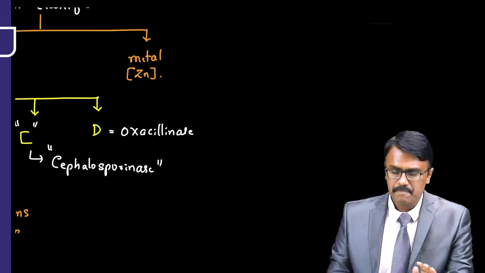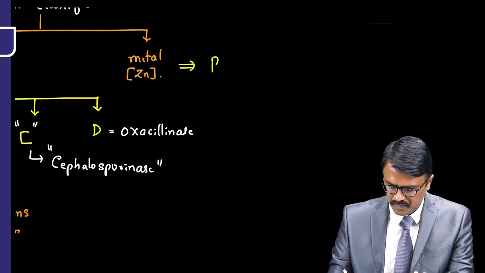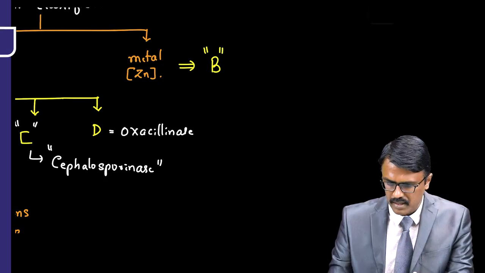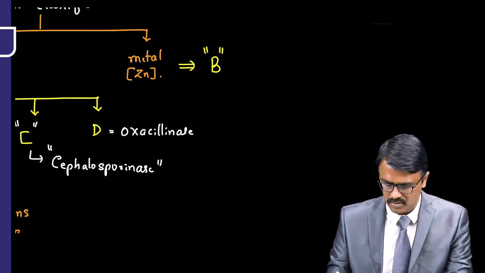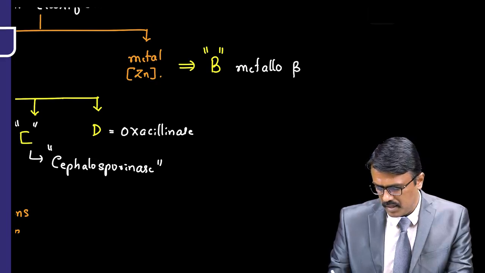Now coming to the metal ones, this group belongs to B, and we call them metallo-beta-lactamase. Why? Because they contain the metal zinc.